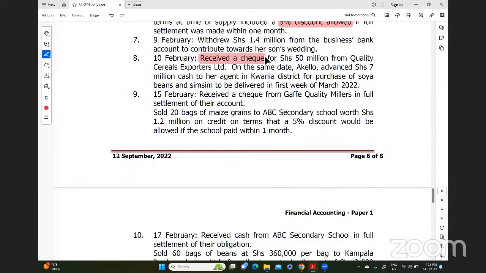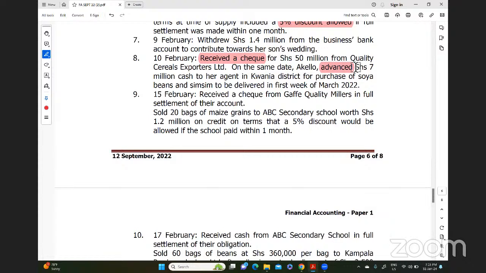And they told us that Akelo then advanced 7 million cash to her agent in Kwania. Advanced, what does it mean? So we are paying. We are parting with cash to her agent in Kwania. That is for purchase.